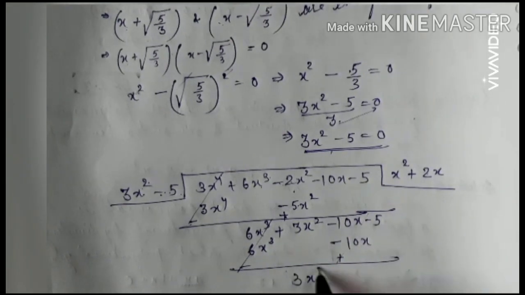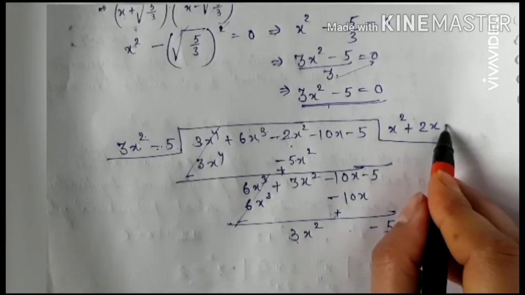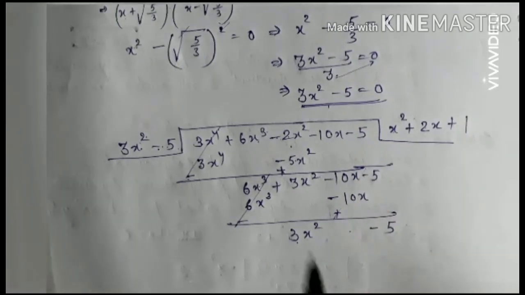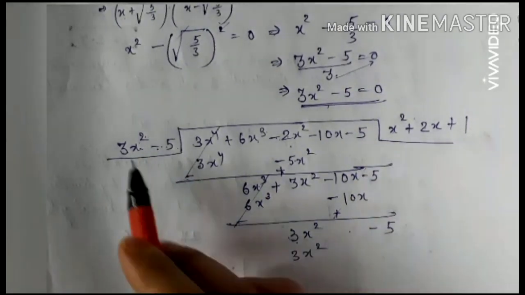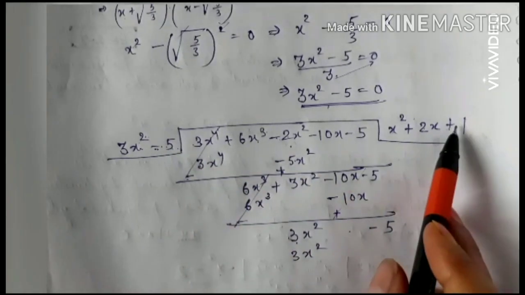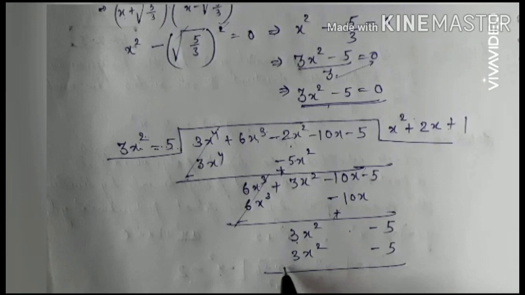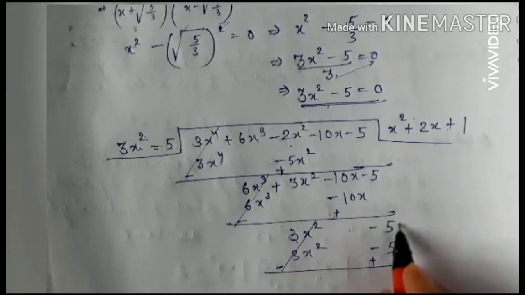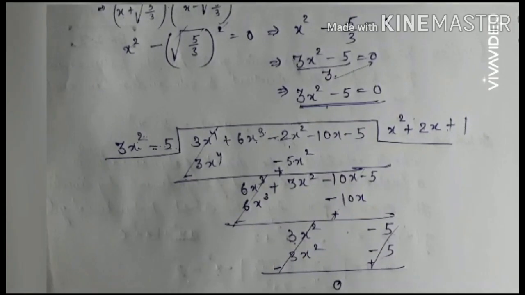Now the remainder is this and minus 5. Again we can divide with the help of plus. How many times? 1, because 3x square ones are 3x square and minus 5 ones are minus 5. When we change the sign, this and this get cancelled out. The remainder is 0. Now the quotient is 2x square plus 2x plus 1.